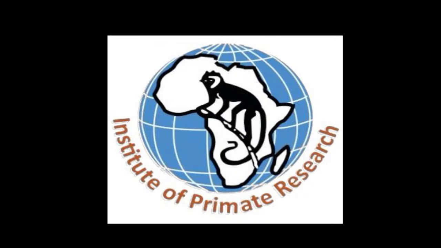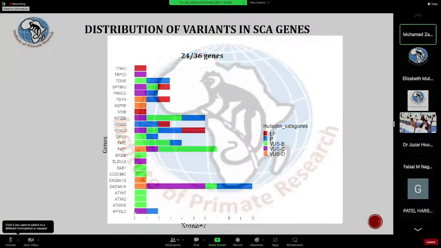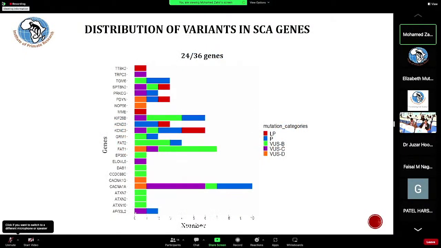Now, for the distribution of the variants which we find in the target gene panel, of the 36 genes, we found 24 genes have the majority of the variants that we were able to get a diagnosis for. As you can see in the chart, the majority of the variants in class B were found in the FAT1 gene.